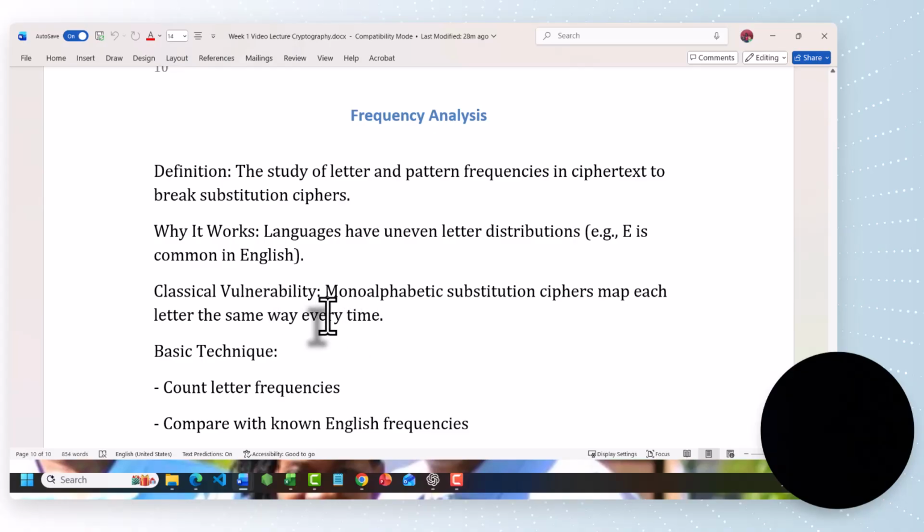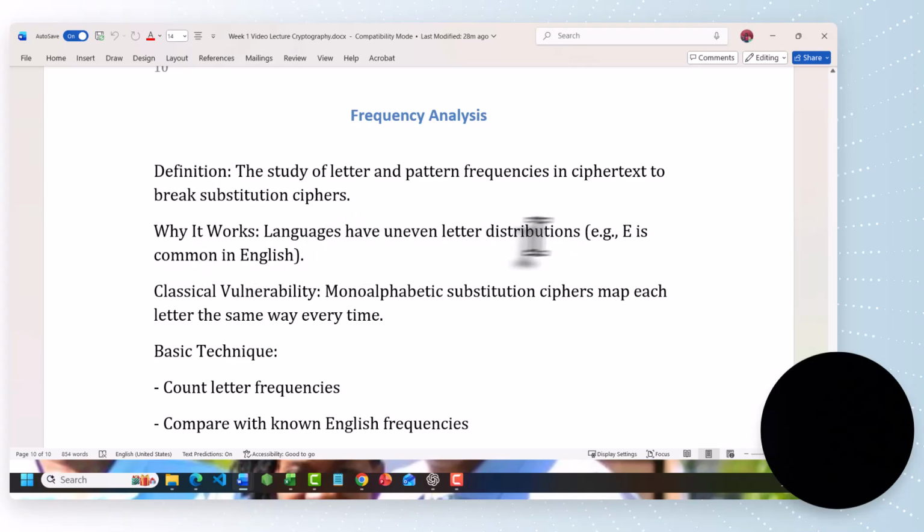Say if I had Mack, M-A-C-K, whenever I have an M, I'm going to replace it with a Z. Whenever I have an A, I'm going to replace it with a T. Whenever I have a C, I'm going to replace it with another letter. So it's a one for one, taking your message and encrypting it such that each of the letters in the message becomes some other letter in the language.